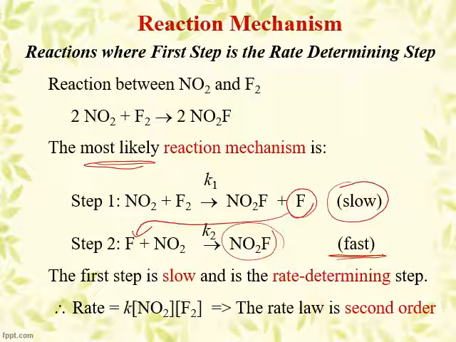When we write the rate law expression, we use nitrogen dioxide and fluorine from step 1. So this is overall second order: first order with regards to nitrogen dioxide and first order with regards to fluorine.